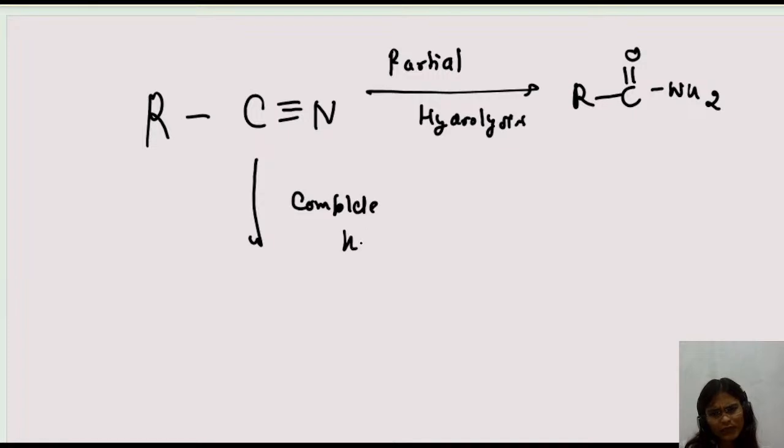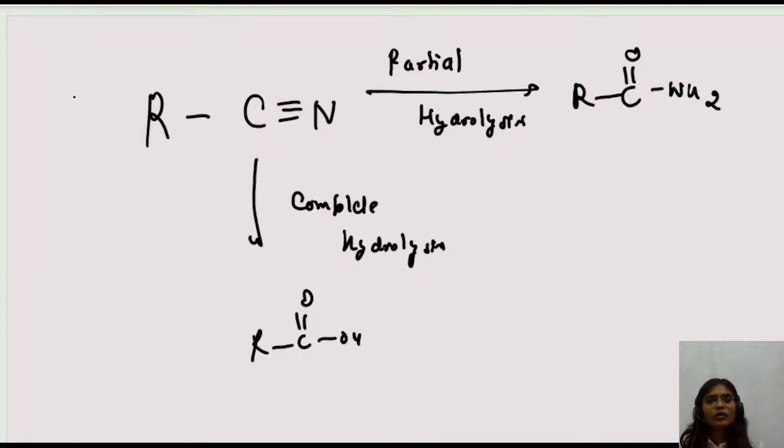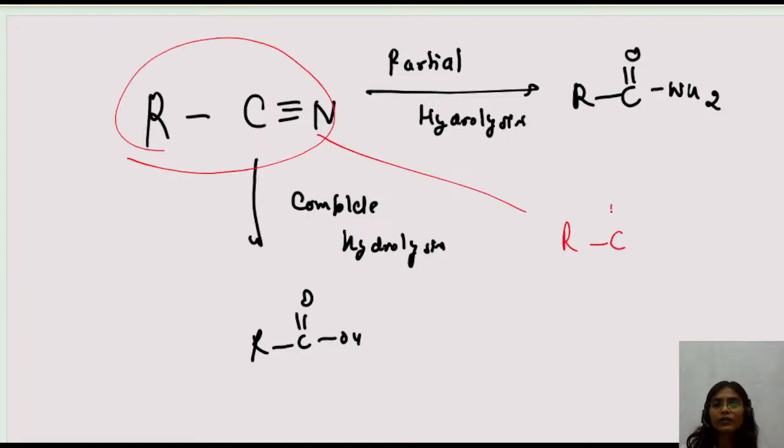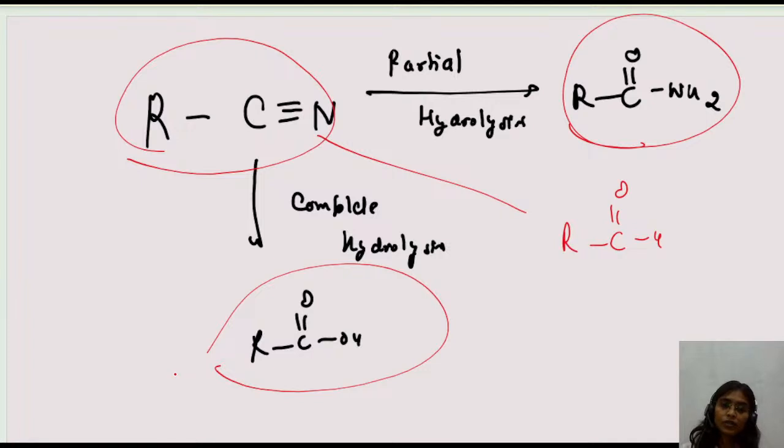Don't worry, we will cover the meaning of partial and all this later; just for this point I'm explaining. We are getting acid. So if I'm having this RCN, is there any way to stop the reaction at aldehyde only? Maybe this product can be there, maybe that product can be there. So the main agenda now is how to get the aldehyde.